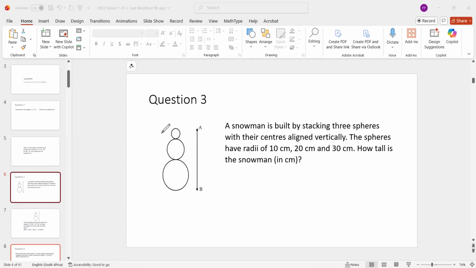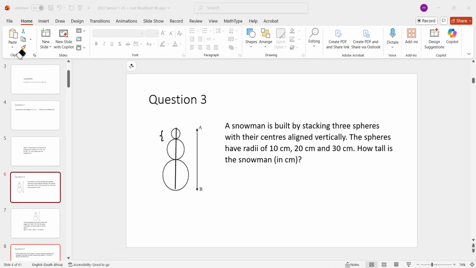Well, this is very easy. If the radii are 10, 20, and 30, the height of the snowman is equal to the sum of the three diameters. The diameters are 20, 40, and 60.